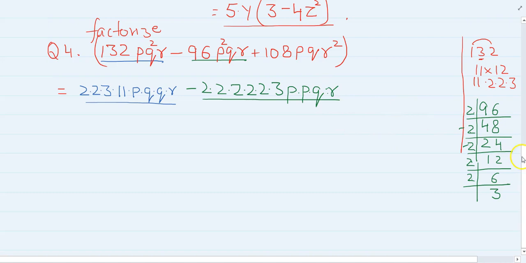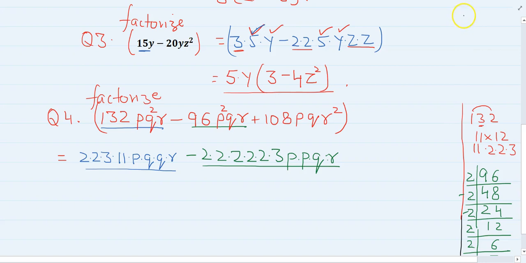Now we have 108. Let's try to find the factors of 108. 2 times 5 is 10 and 2 times 4 is 8. 2 times 2 is 4 and 2 times 7 is 14. 3 times 9 is 27, 3 and 3.